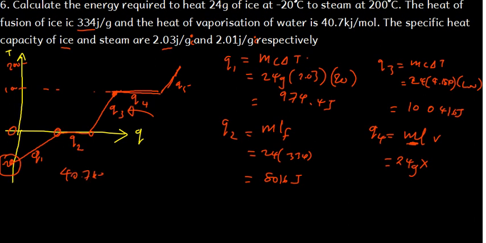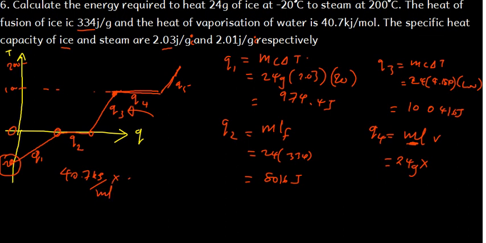How do you convert that mole to gram? Anyway, let's not convert the mole to gram. Let's keep it the way it is, but let's just convert the kilojoules into joules.